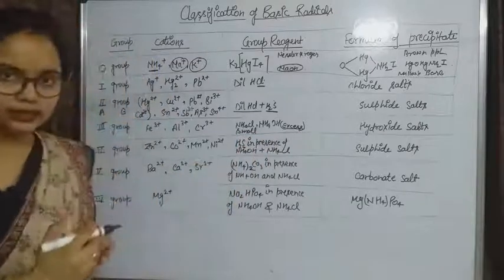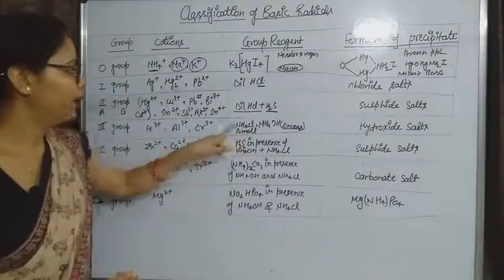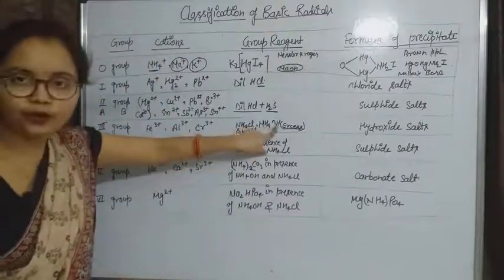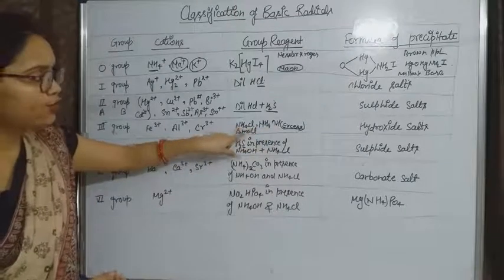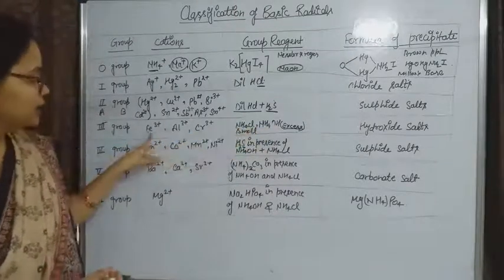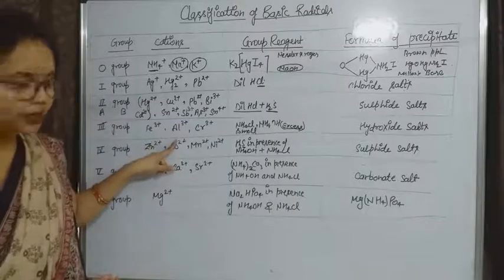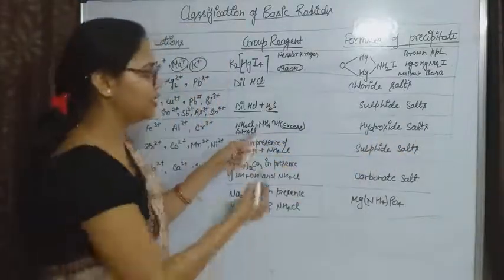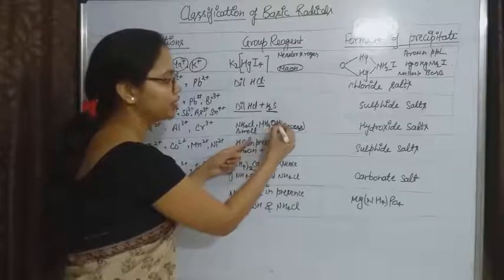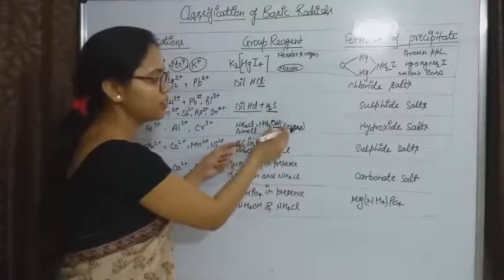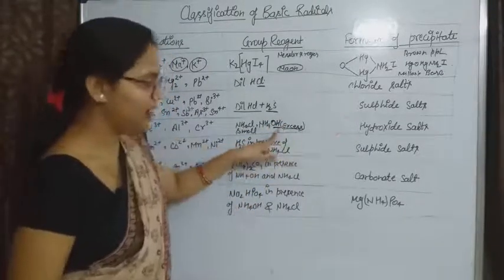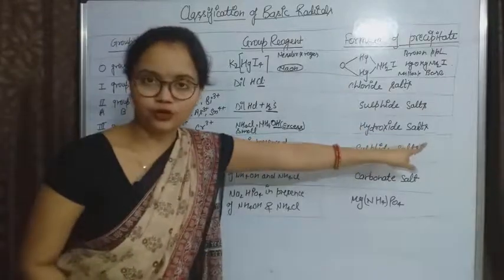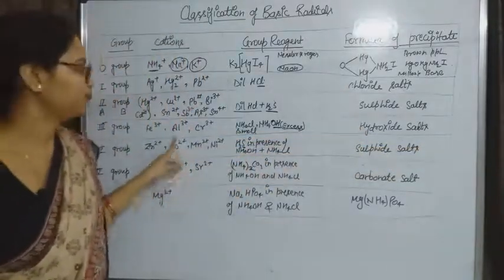Whenever you add ammonium hydroxide in the presence of ammonium chloride in the salt solution of these cations, you will get hydroxide salts, as you are adding ammonium hydroxide in excess. Because of this hydroxide anion, you will get the hydroxide salts of these cations.